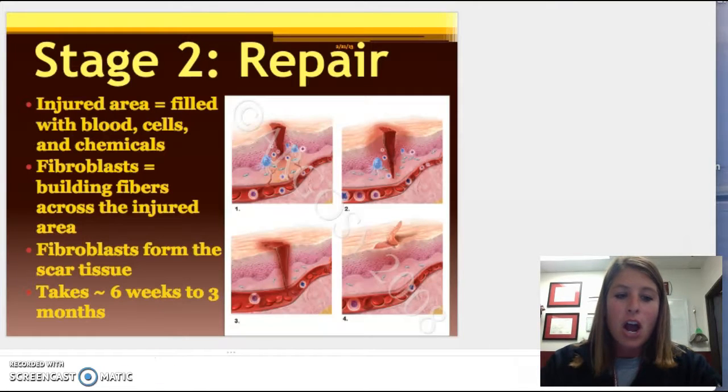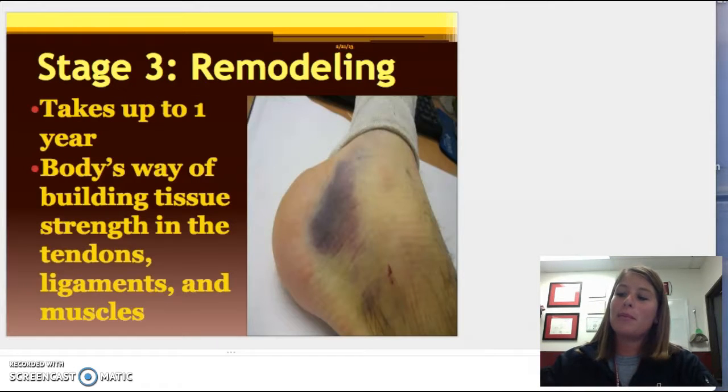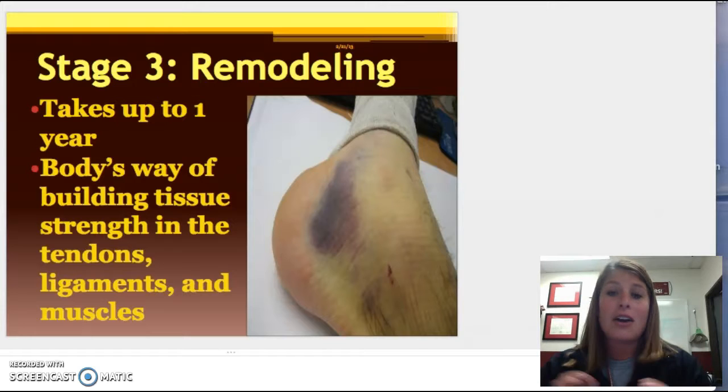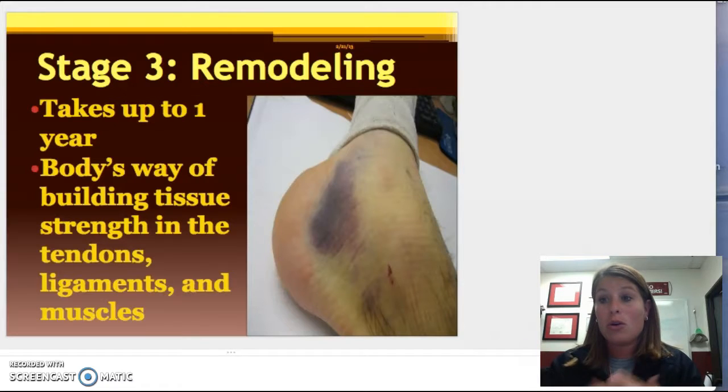Our third phase is the remodeling phase. This is the process where we go from the messy Band-Aid fix to our permanent fix. We talked about your scars yesterday, how your scars have changed over the years. They might have started out red or larger, and then over time they've become white or a lot smaller and a lot less noticeable.